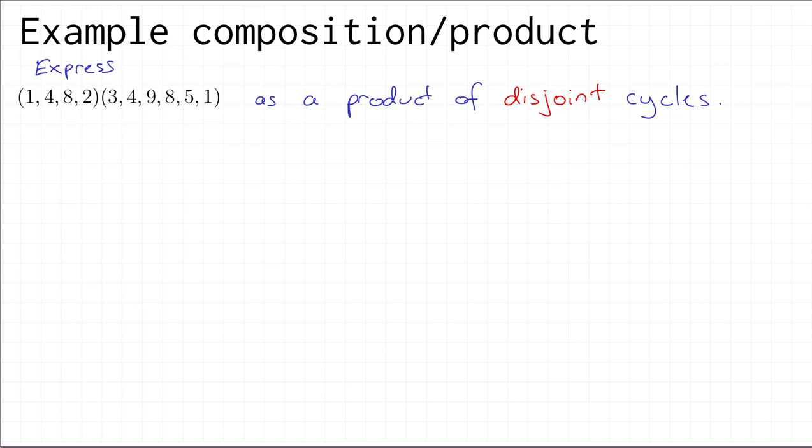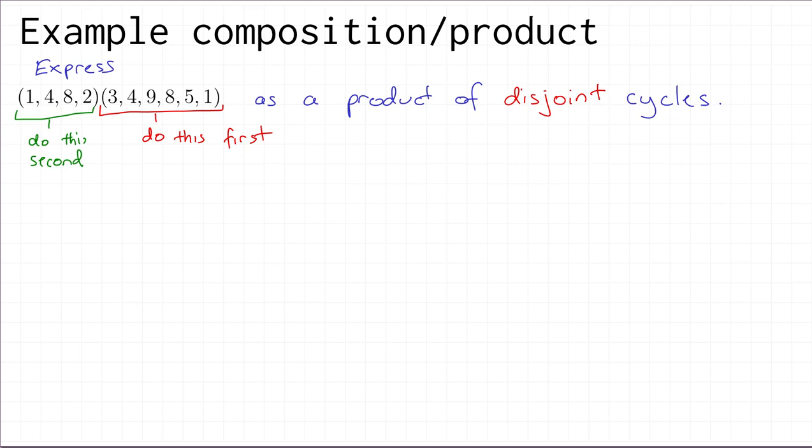So that is the new permutation, whose rule is that you first do this permutation, and then you do this permutation. All right, so let's just follow the procedure that we've already seen for how to come up with a product of disjoint cycles expressing a particular permutation.